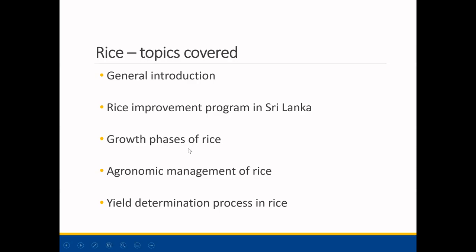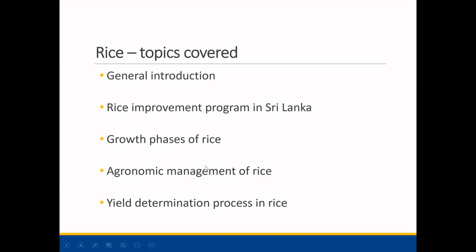Your management in different growth phases highly determines the yield, so that's very important for you. Once you cover these growth phases, we will go to the economic management, because once you know the growth phases, it's better to know what management practices should be targeted for each growth phase.